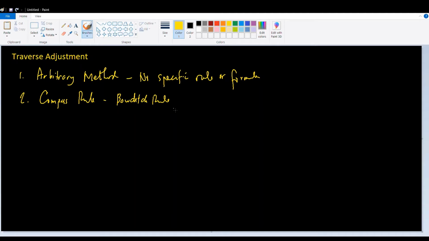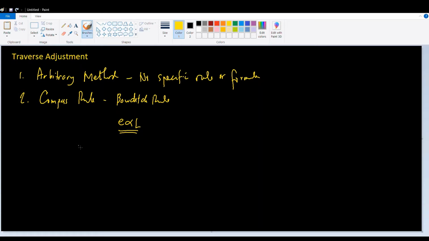The compass rule is based on the assumption that all lengths were measured with equal care and all angles taken with approximately the same precision. It is also assumed that the errors in the measurement are accidental and that the total error in any side of the traverse is directly proportional to the length of the traverse. So the error is directly proportional to the entire length of the traverse.